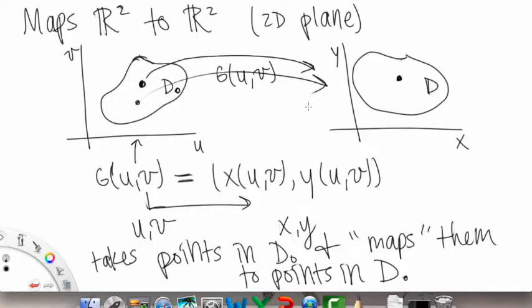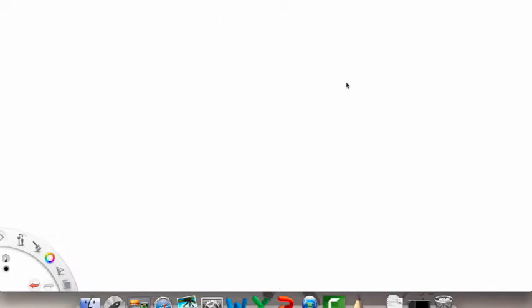And now let's explore this mapping more mathematically. What we're interested in is the double integral over these domains, because that's what we're mainly concerned with in this course: integration.